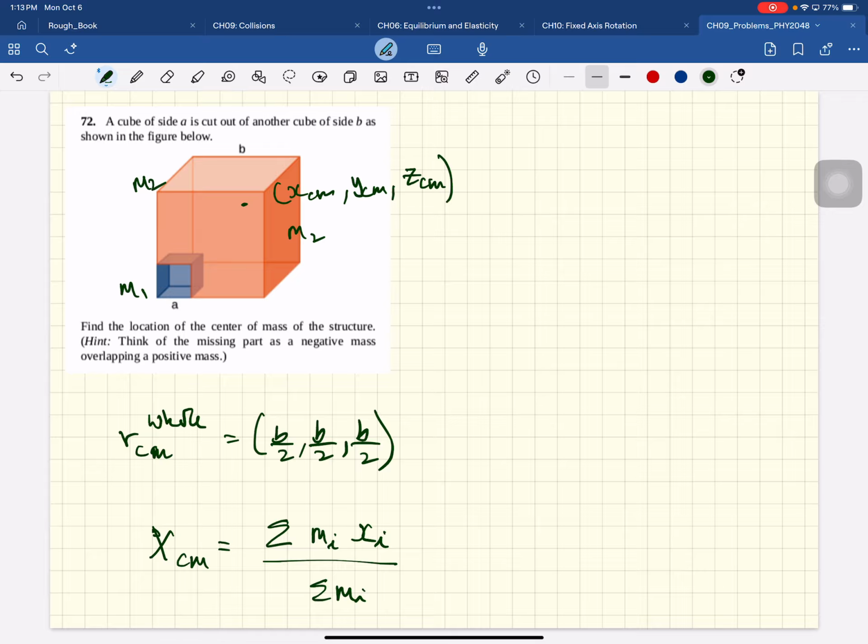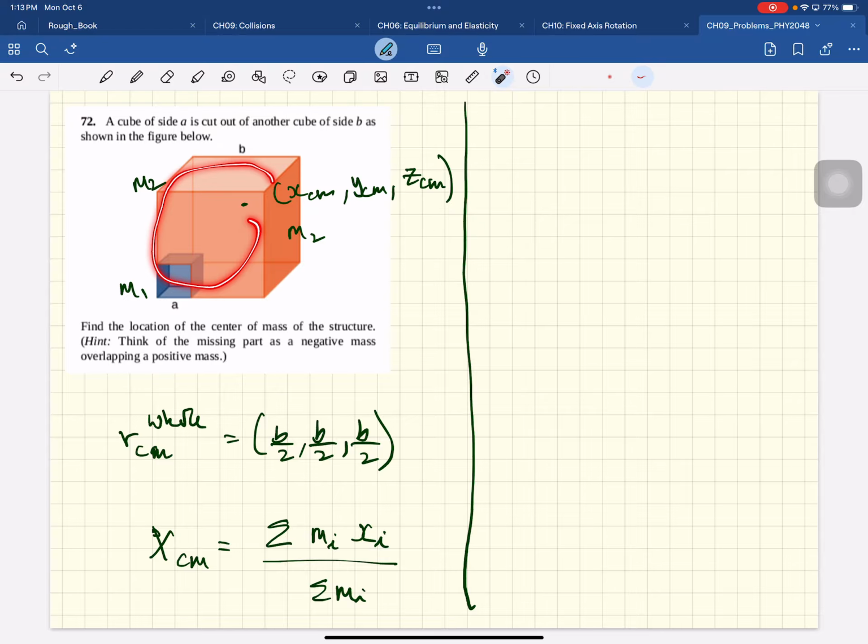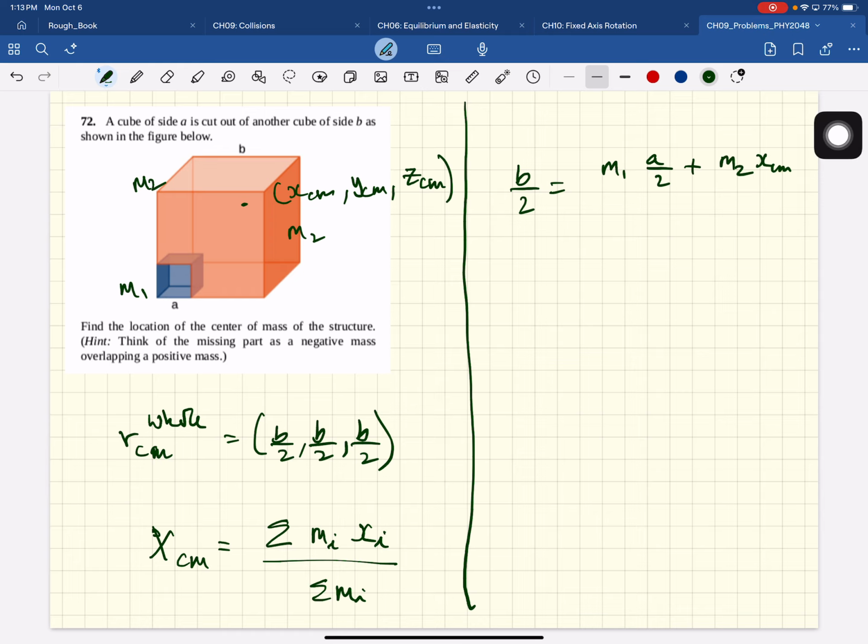So you're imagining the whole piece, and the x center of mass of the whole piece is b by 2. So b by 2 is equal to M1 a by 2 plus M2 times the x center of mass, which we don't know, so we'll call it X2.